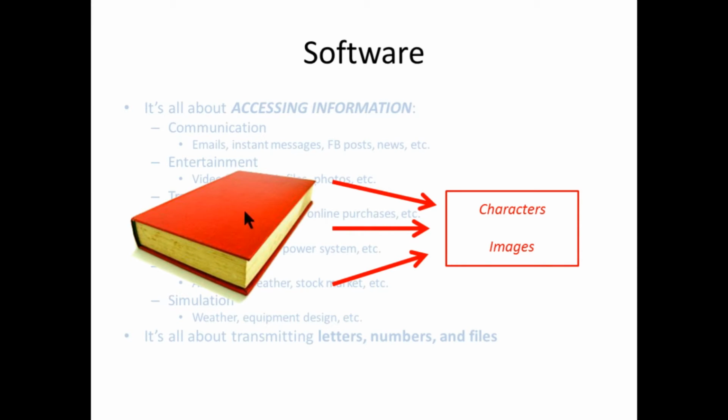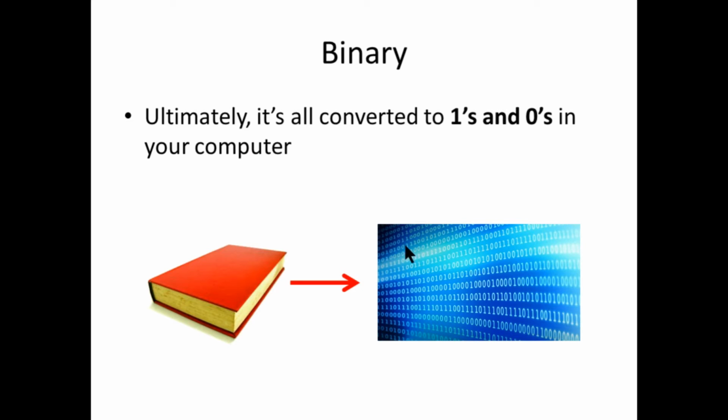But really, inside those books, if you boil it down, it's basically characters and images. So again, there's a lot of complicated stuff in here, but at the basics, it's characters and images. And really, when you get into your computer, in the software world, in the hardware world, it's all converted ultimately to ones and zeros inside your computer. So there's a lot of complex stuff here, but it comes down to ones and zeros.